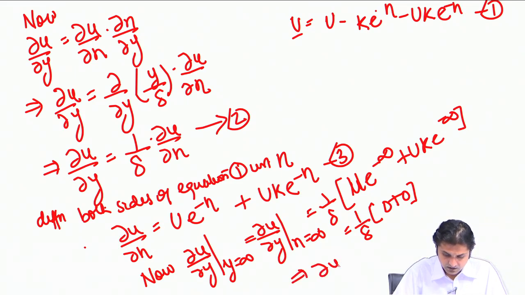Thus del u by del y at y equal to infinity is 0.